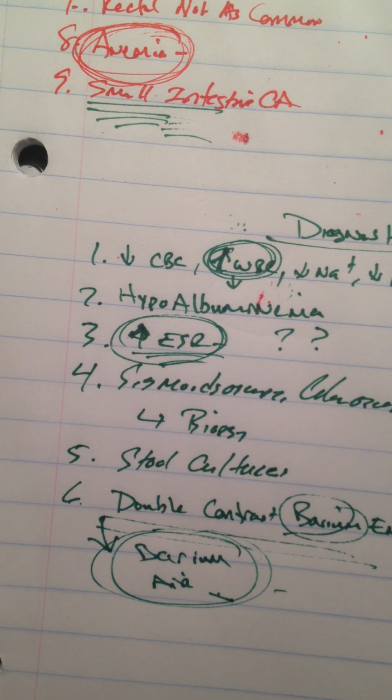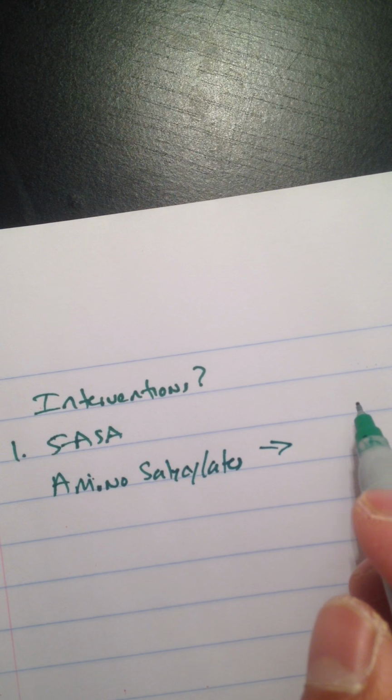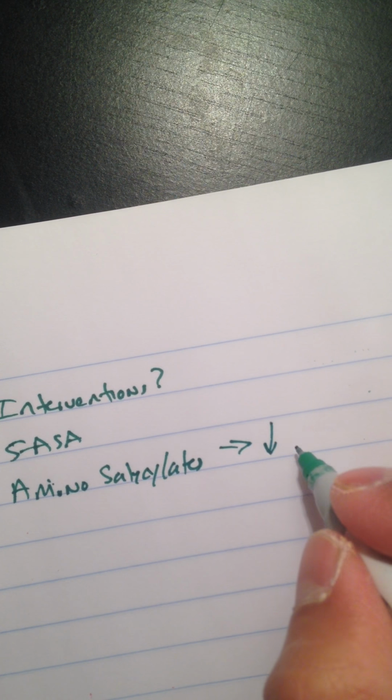Now, what are some interventions for your patient? Number 1, you give the aminosalicylates, or 5-ASA. What these do is decrease inflammation.